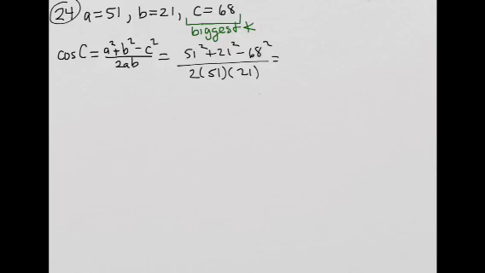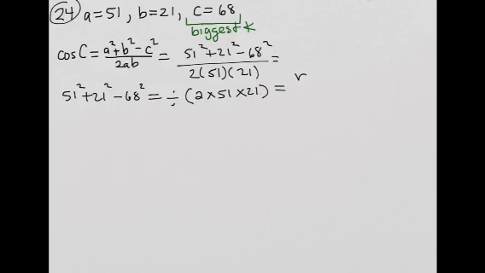Okay, now the important thing here is how you input it to the calculator. So I'll give you the steps that I use. I put 51 squared plus 21 squared minus 68 squared. Then I put equals, because the calculator would give me the result of the numerator. Then divide. You want the calculator to keep the denominator together, so you put parentheses, 2 times 51 times 21, close your parentheses.